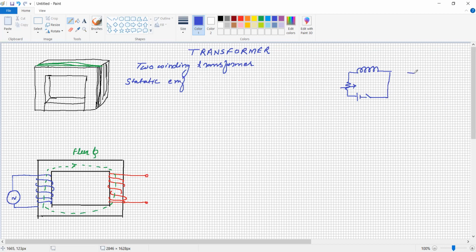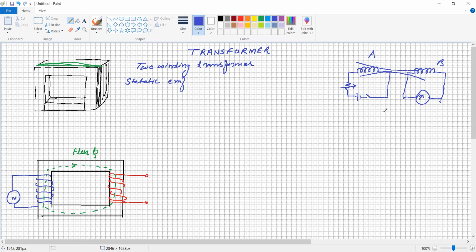That magnetic flux links with the second coil and gives some deflection in the galvanometer or voltmeter connected to it. So coil A and coil B. The change in the voltmeter is observed only when there is a change in magnetic flux. If the flux becomes constant, at constant current, the induced voltage becomes zero.